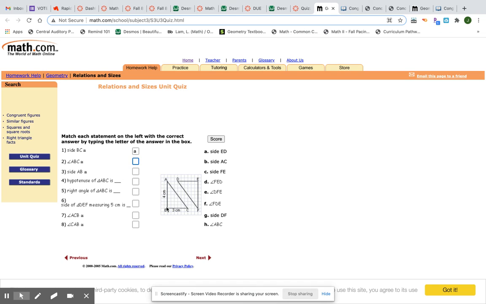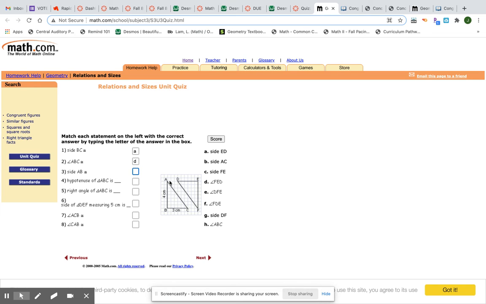Nice straight vertical. And then they went over this direction to C. So we have to go on the same path to identify our pieces correctly. So we have angle FED. There it is. And that is D, letter choice D.